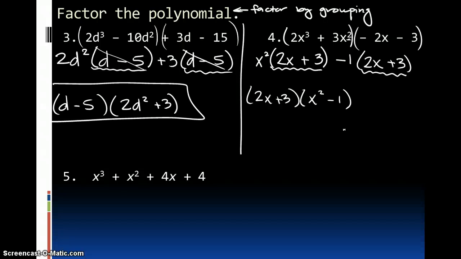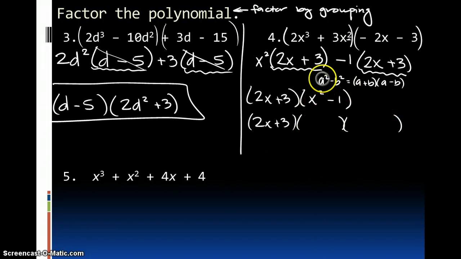So if you remember the special products, we're going to use one here. The special product that I'm going to use is a squared minus b squared. And that's equal to a plus b times a minus b. So for me, this is 2x plus 3 is equal to, I have 2 sets of parentheses.